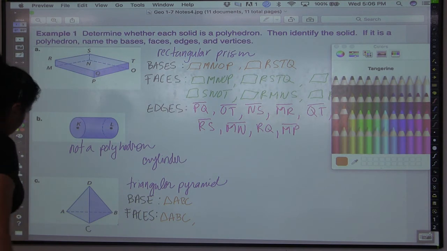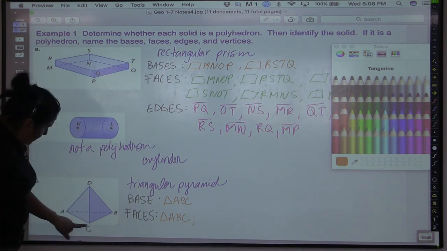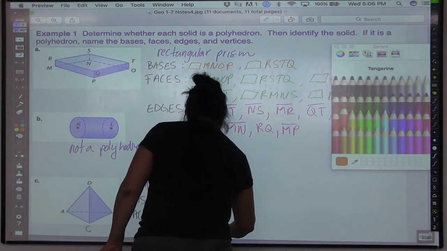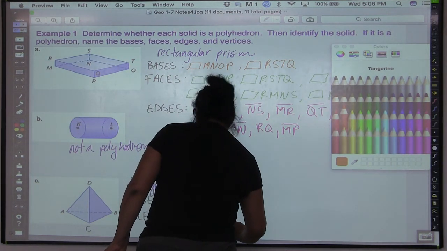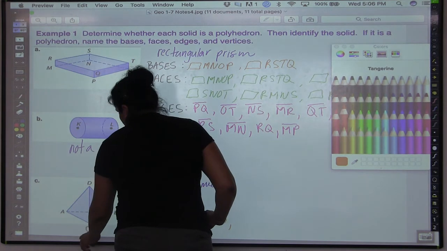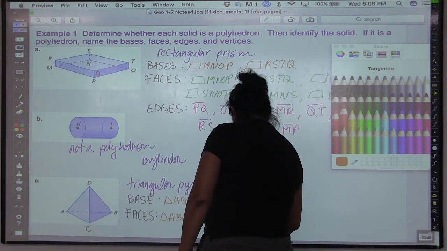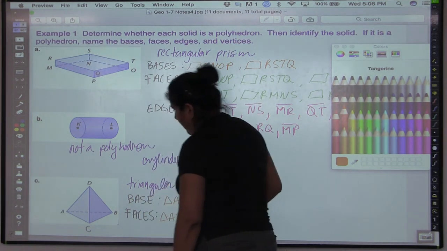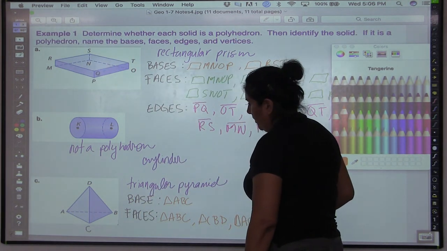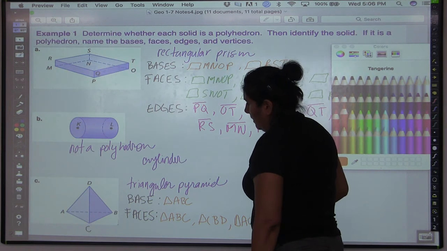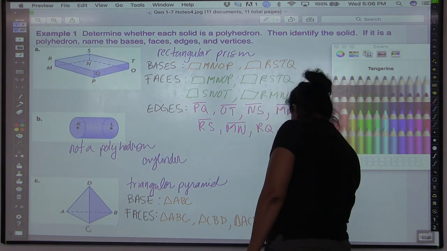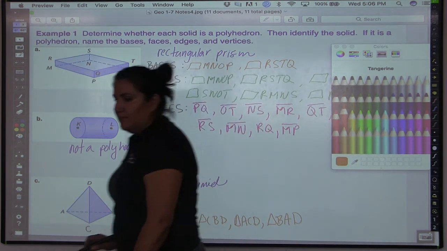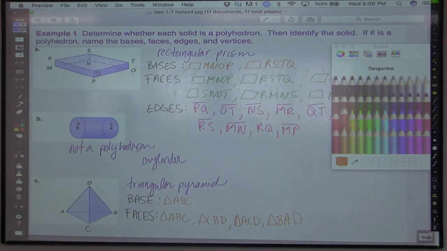And then we have this darker shaded one up in the front, triangle CBD. And then we have in the front here triangle ACD. And then lastly we have the back triangle, which is going to be triangle BAD, which kind of spells triangle bad. That's kind of cool, huh?